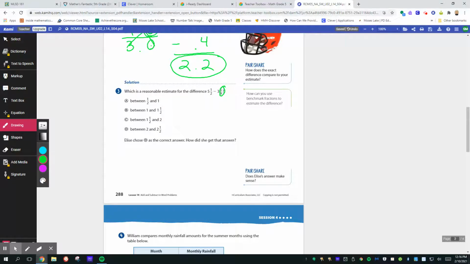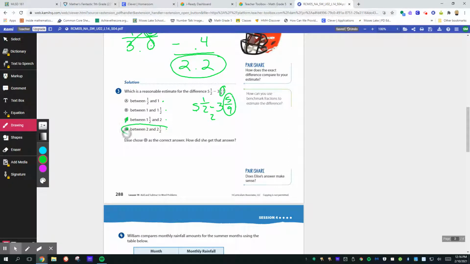So if we said 5 1/2 and we were subtracting 3 5/9, if we said that this was like a half, then we would say, well, then it's 5 minus 3, which is around 2-ish. So where would our answer fall? Right, it's going to fall somewhere between 1 1/2 and 2 if we actually did it.